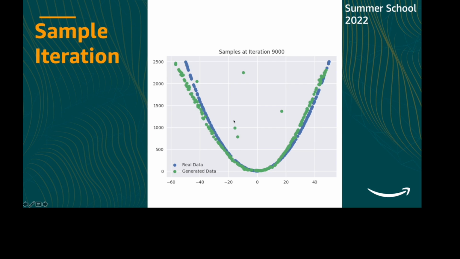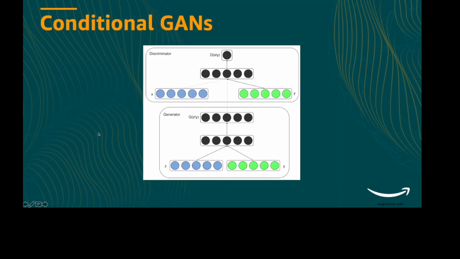That's the power: the generator is now able to produce data points from the distribution of the input data. This brings me to the end of my talk.